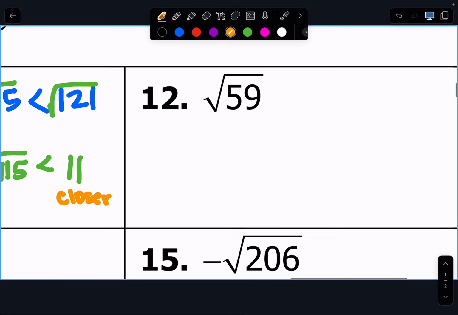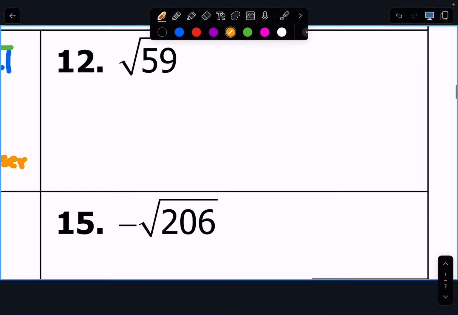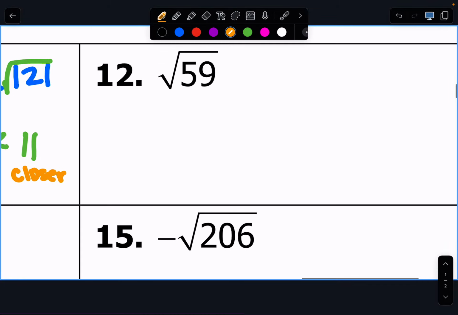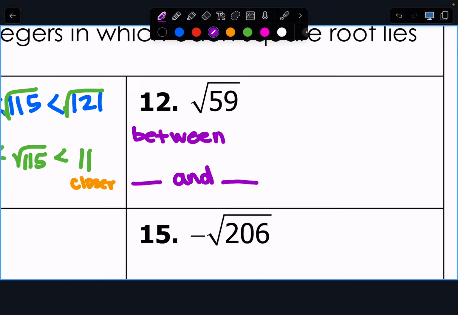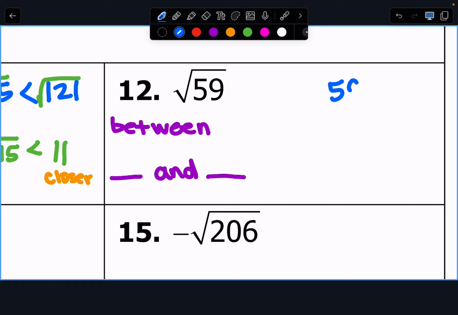All right, you write down what you think the answer to 12 is. Okay, so over here, 59 is between what two numbers?